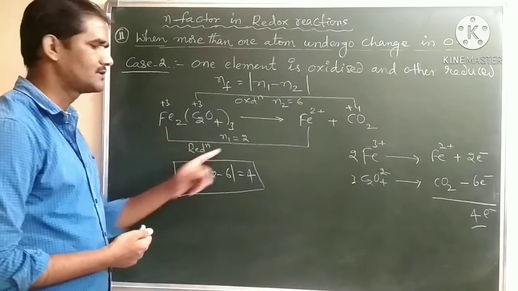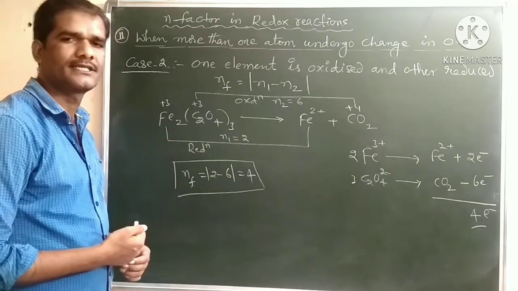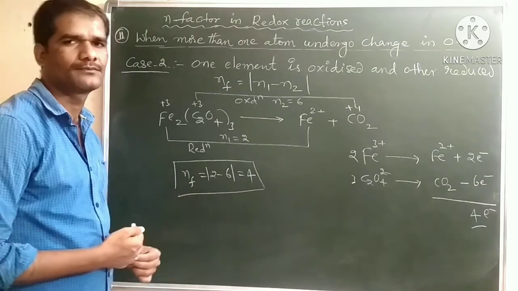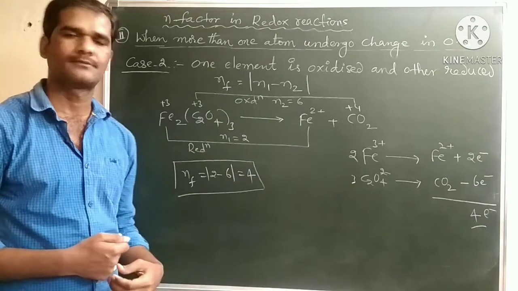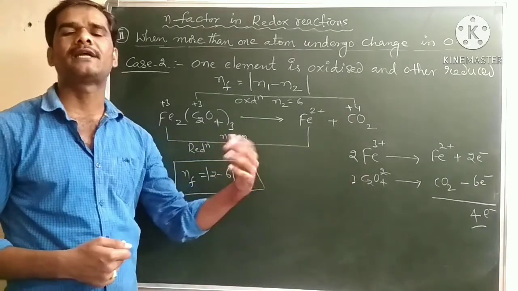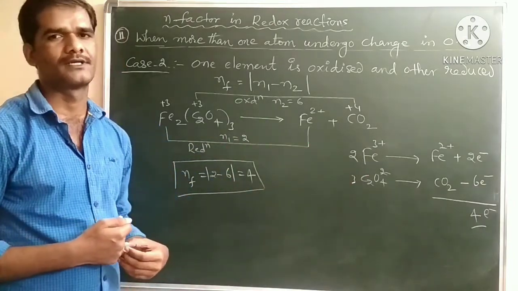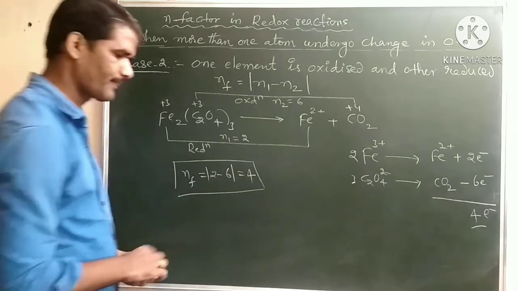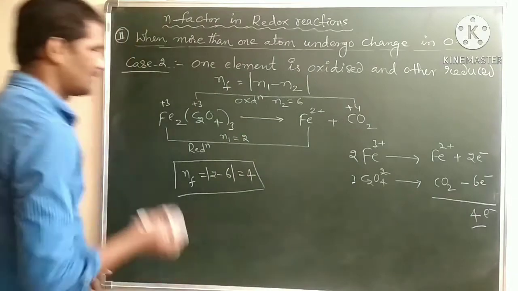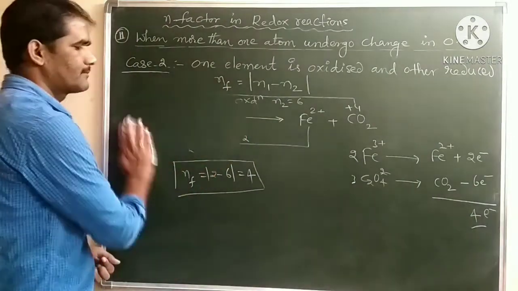For n1 this is 2, for n2 it is 6. So 2 minus 6, again 4. Why we have to take this formula is the concept. Based on that concept, the resultant number of electrons transferred per molecule is its n factor. Let us take one more example here.